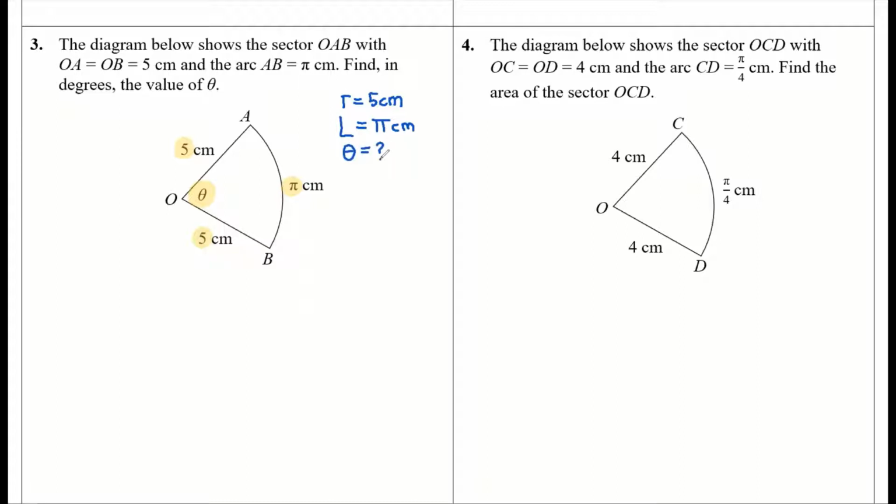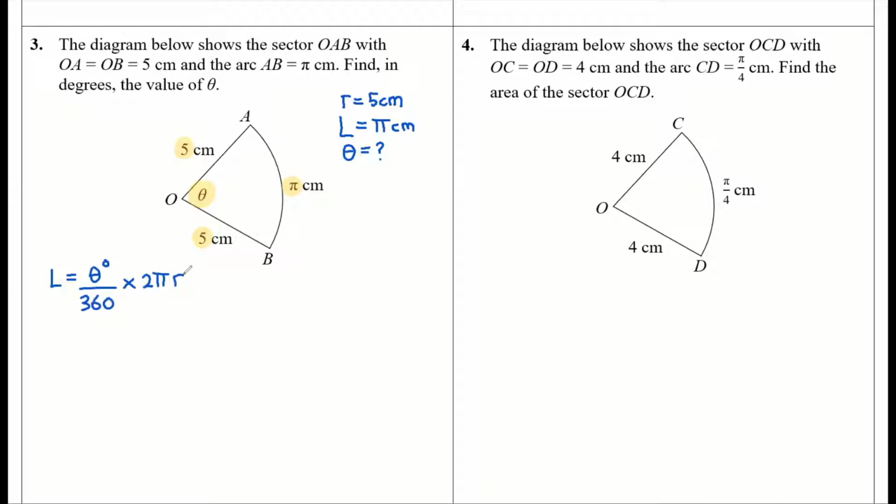We're going to use the arc length formula because we have r and L and we wish to find theta. So if I write it out, L is of course theta degrees divided by 360, and then multiplied by 2 pi r.